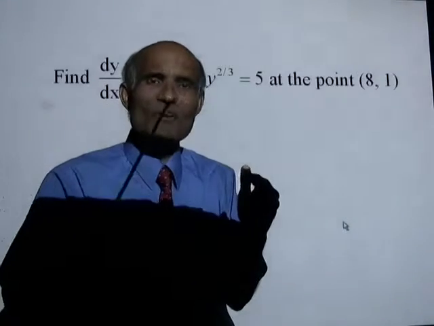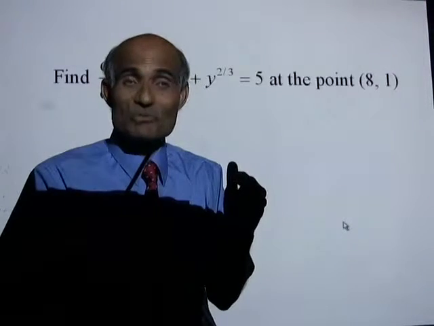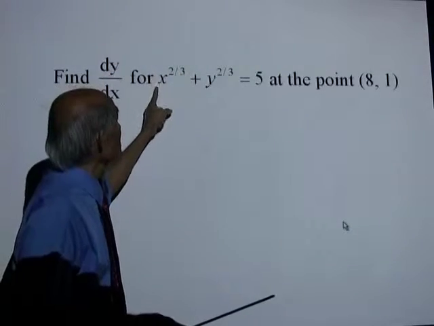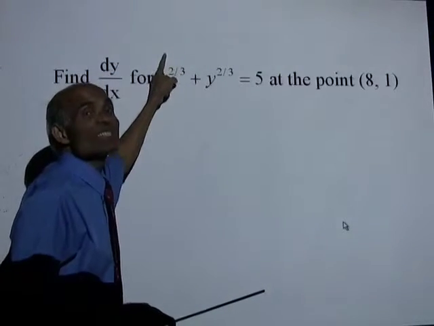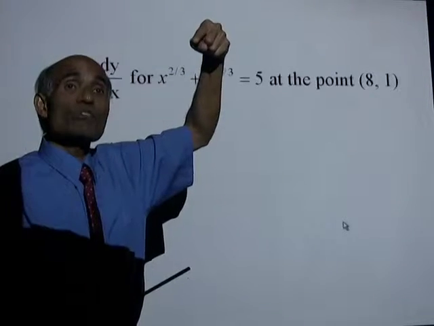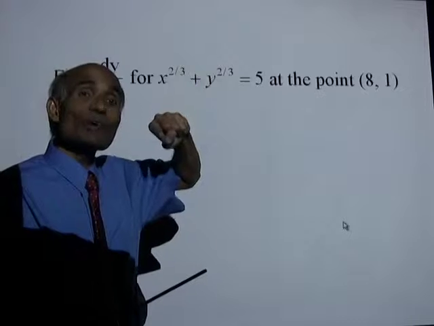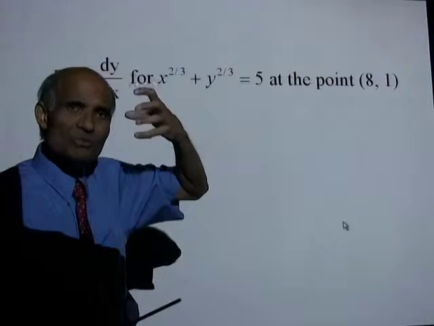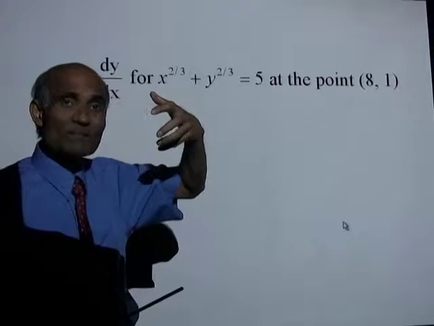What is 2/3 minus 1? 2/3 minus 1 is negative 1/3. So this will be 2/3 x to the power of negative 1/3. X to the power of negative 1/3 is actually 1 over x to the power of 1/3. You see how important it is to keep that running in your mind?